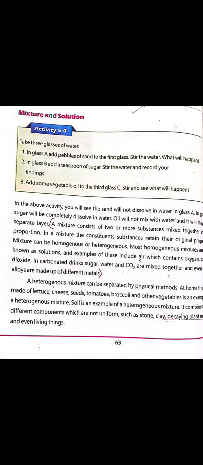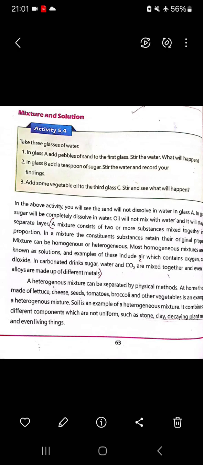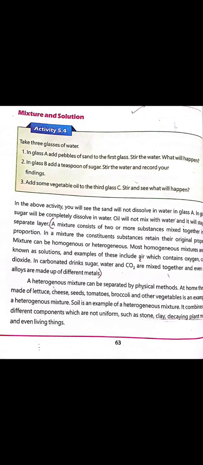A mixture consists of two or more substances in any proportion, meaning the substances mixed together don't have a fixed quantity. There are two types of mixture: homogeneous mixture and heterogeneous mixture.